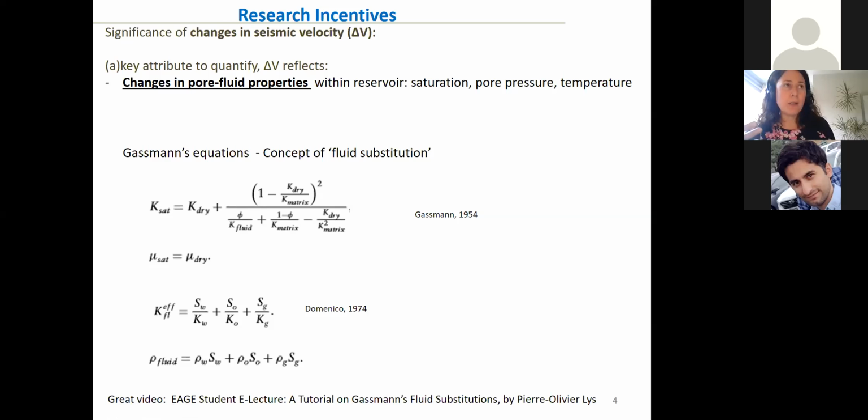So of course, all this is unknown in the subsurface. So really what you're using is the link between the moduli to velocity to infer these different saturations, as well as pore pressure and temperature.